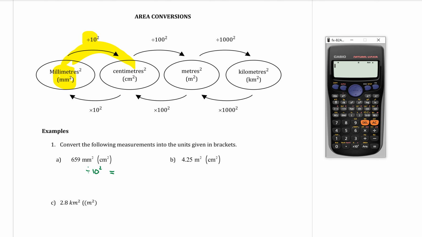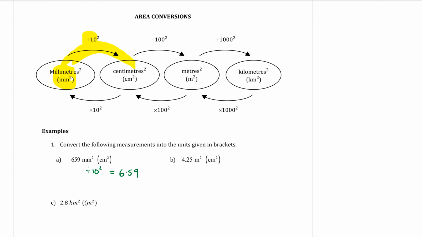And in my calculator, I'm going to go 659. Don't put millimeters or any squared, anything there. They're just the units. I want to divide that by 10 squared. And that equals 6.59 centimeters squared.